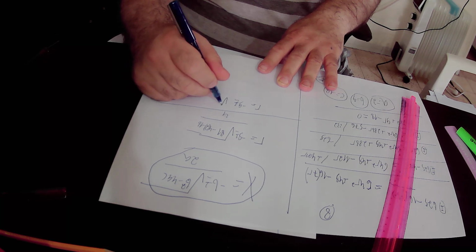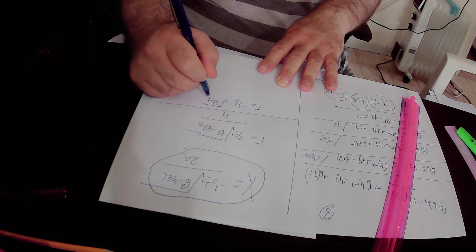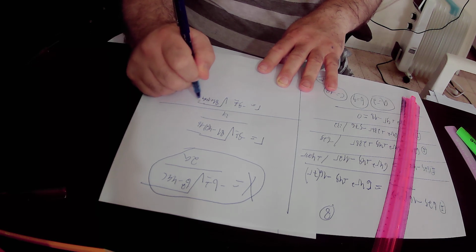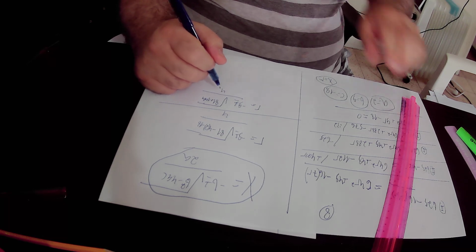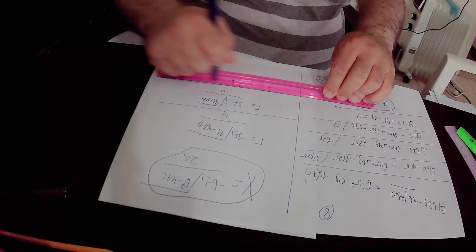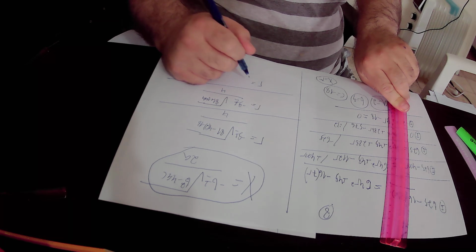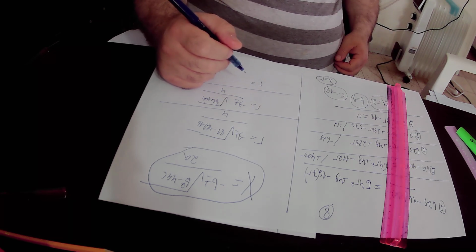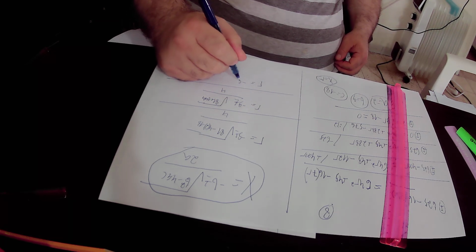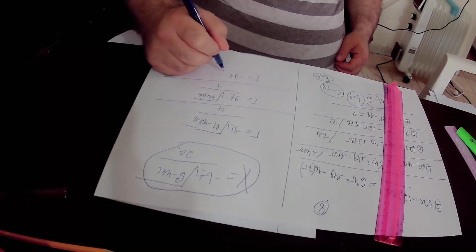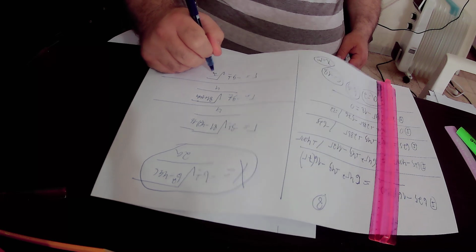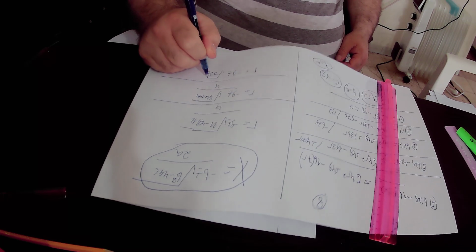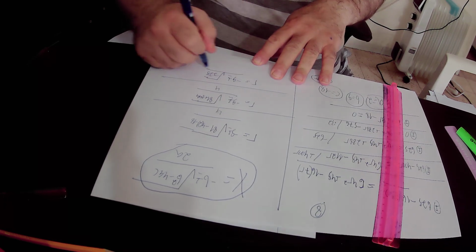So inside the root we are left with 81 plus 144, divided by 4. So here r, the radius of the small circle, equals minus 9 plus minus the root of 81 plus 144, which is 225. So inside the root we are left only with 225 over 4.